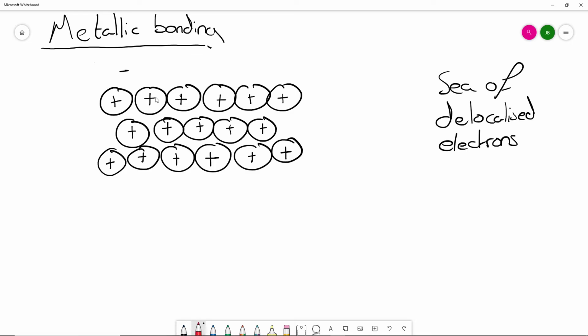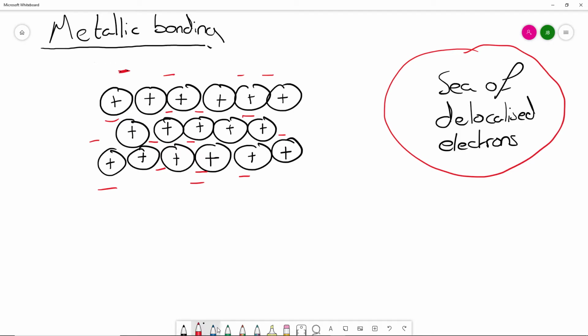I shall do these in red just so we can make them stand out. Lots of negative charges floating about throughout. Okay, so the sea of delocalized electrons, I'll circle that so we know, it's red.